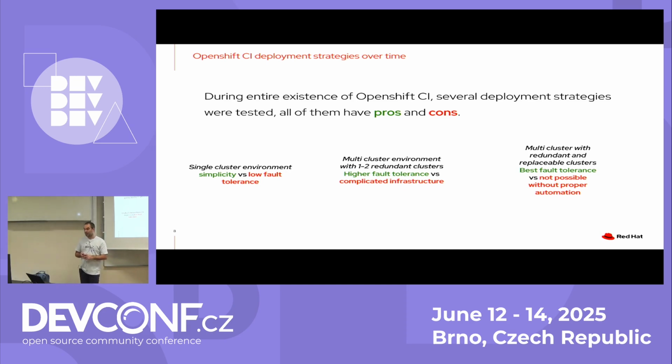And right now, we decided to have more clusters. We have around 10, maybe 11, maybe 12. I don't remember right now exactly. Way more than 4, yes? And we have right now, if we analyze the situation, the best fault tolerance in our history. But of course, it's very hard to manage those clusters without proper automation.